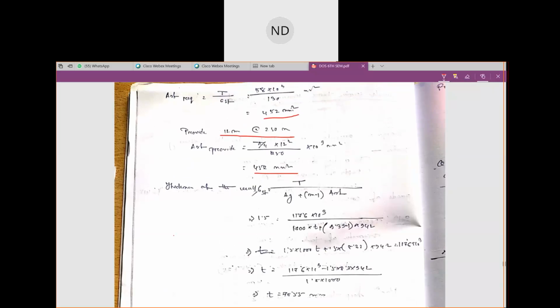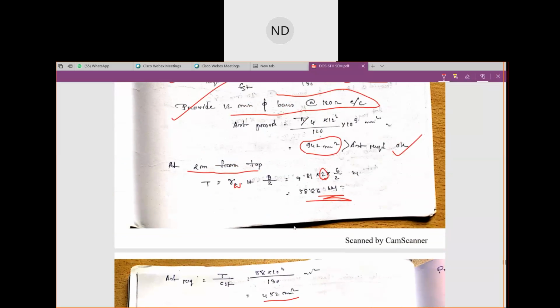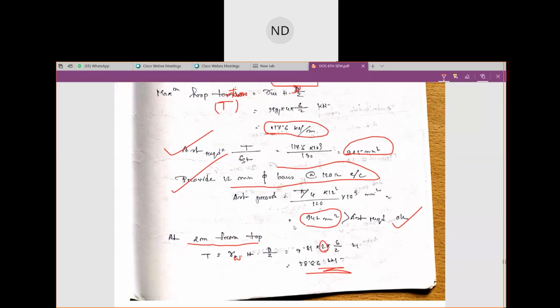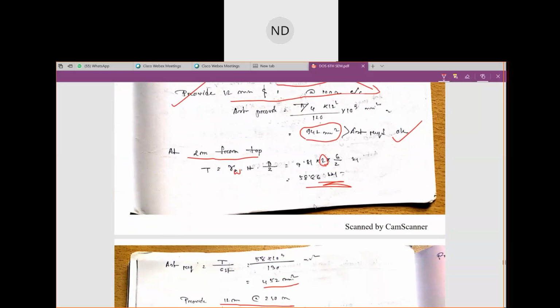So T we know, area we know, M minus 1, M we don't know, area of steel is how much? For this hook tension for the total 4 meter height of the tank, the area of steel provided is 942.